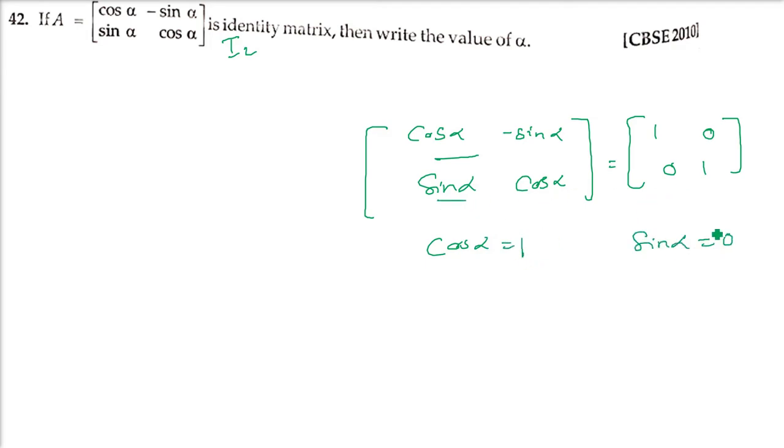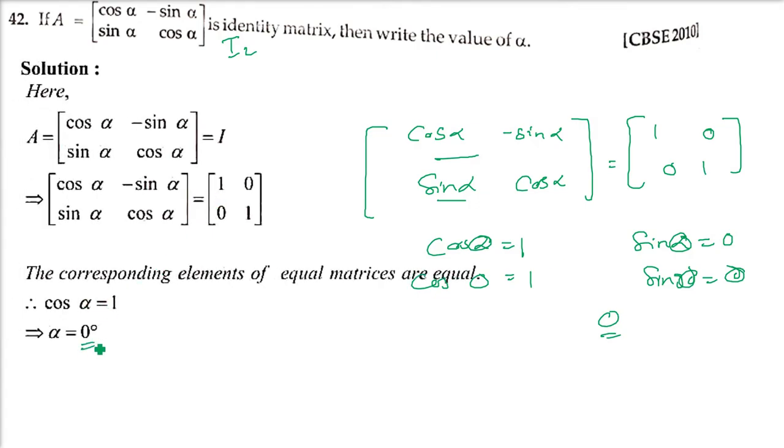Cos 0 is 1 and sin 0 is 0. Because there are other combinations also, sin 0 is 0 and cos 0 is 1. So this angle will be 0. So alpha equals 0. Cos 90 is 0 and sin 90 is 1.